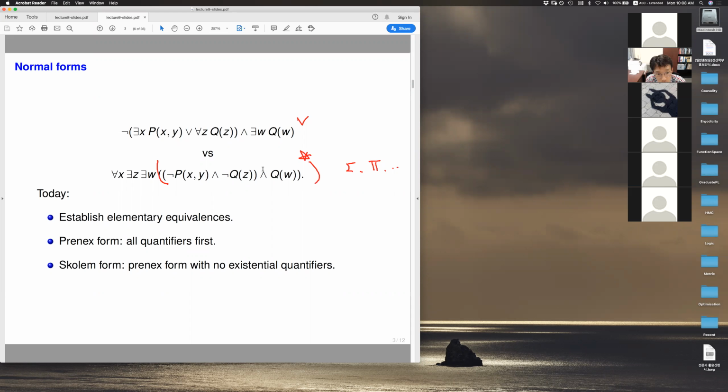And then we also talk about so-called Skolem form, which is a special kind of prenex form that doesn't use any existential quantification. So this is a prenex form, but it's not Skolem form.